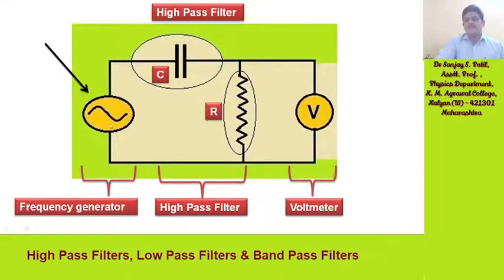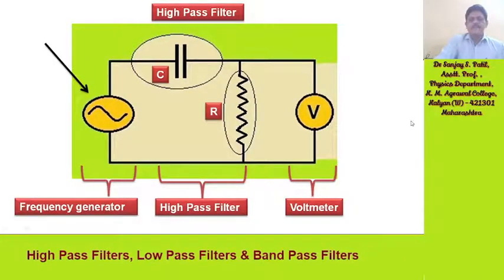The frequency from this frequency generator is supplied to the high pass filter section. Then the amount of voltage coming at the output is measured with the help of the voltmeter. Initially set the voltage here, which may be 5 volt minimum and 12 volt maximum, but keep it at 5 volt.